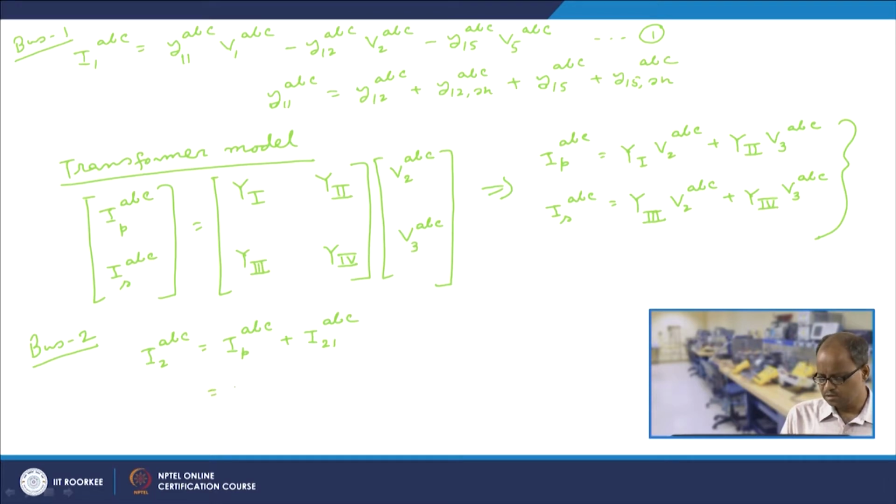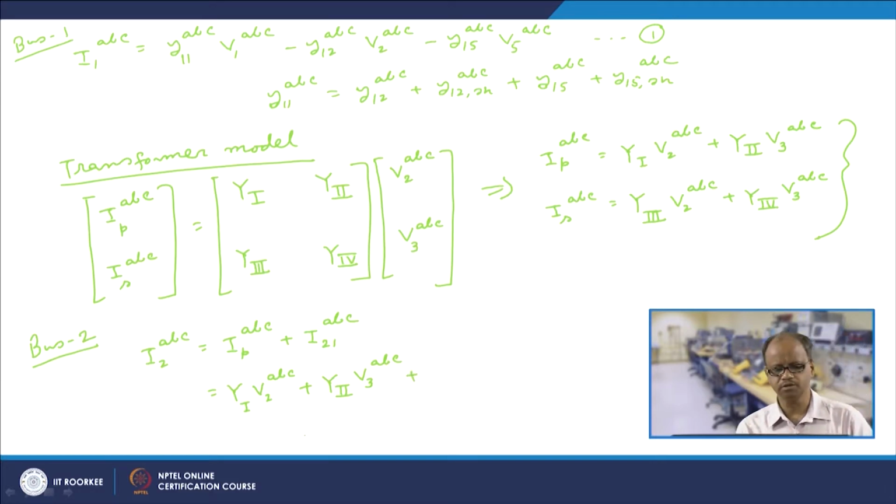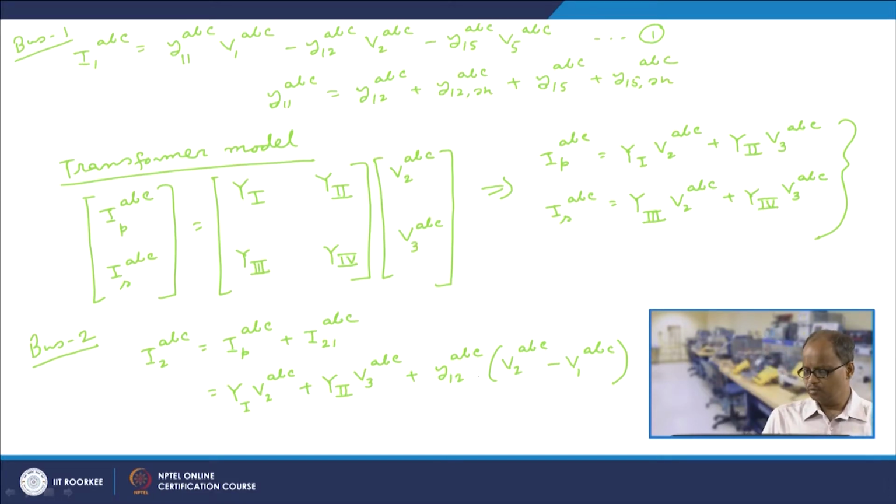IP ABC we write from here as Y1 V2 ABC plus Y2 V3 ABC, and I21 ABC would be essentially Y12 ABC into V2 ABC minus V1 ABC. We have already defined what is meant by Y12 ABC.